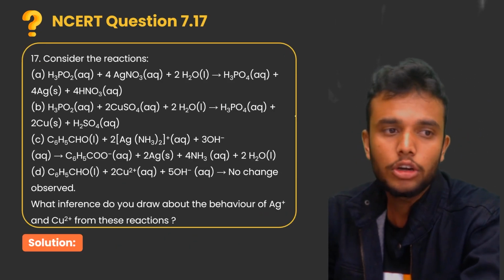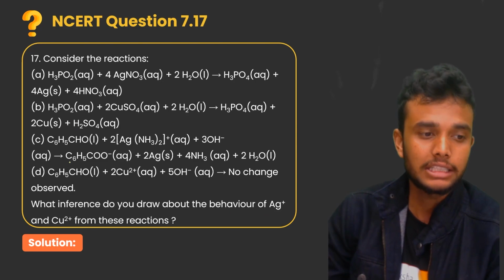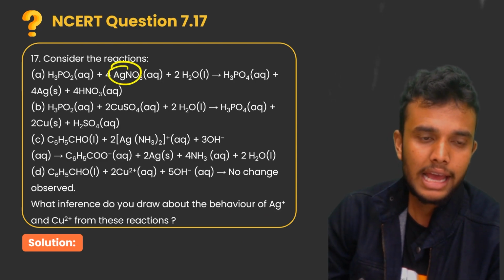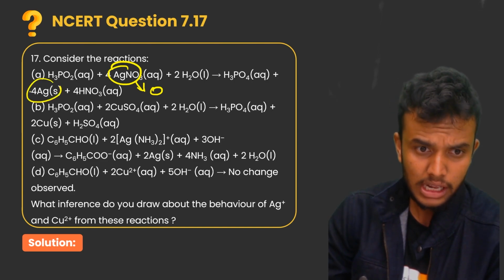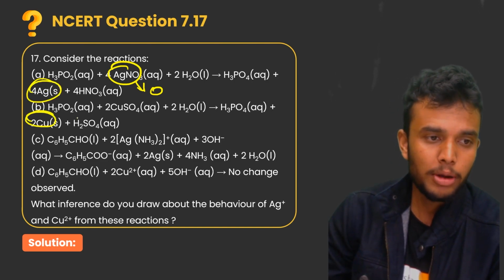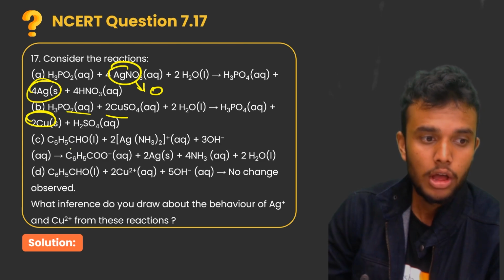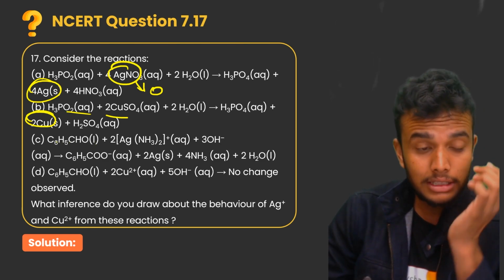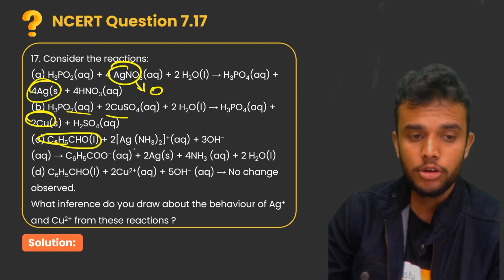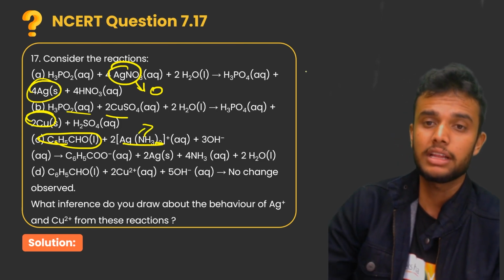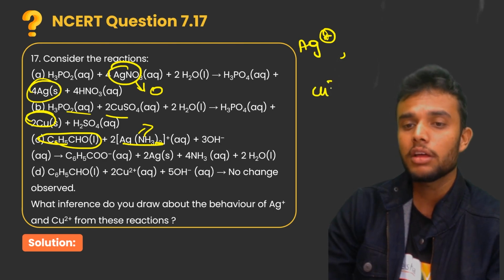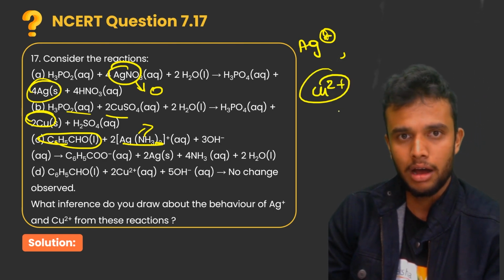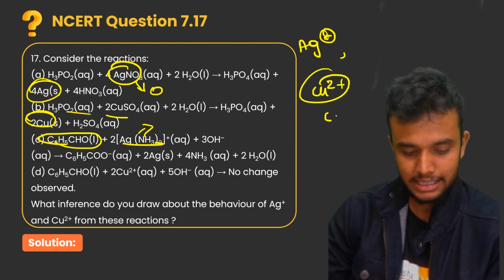Okay, now next question. Consider the following reaction. Here AgNO3, you already know, is an oxidizing agent. It forms an Ag molecule. Here copper also is reduced by H3PO2. In the case of this, the C6H5CHO aldehyde molecule is oxidized by Ag plus. By using the first reaction, we can easily tell both Ag plus and Cu2 plus act as oxidizing agents, right, students?